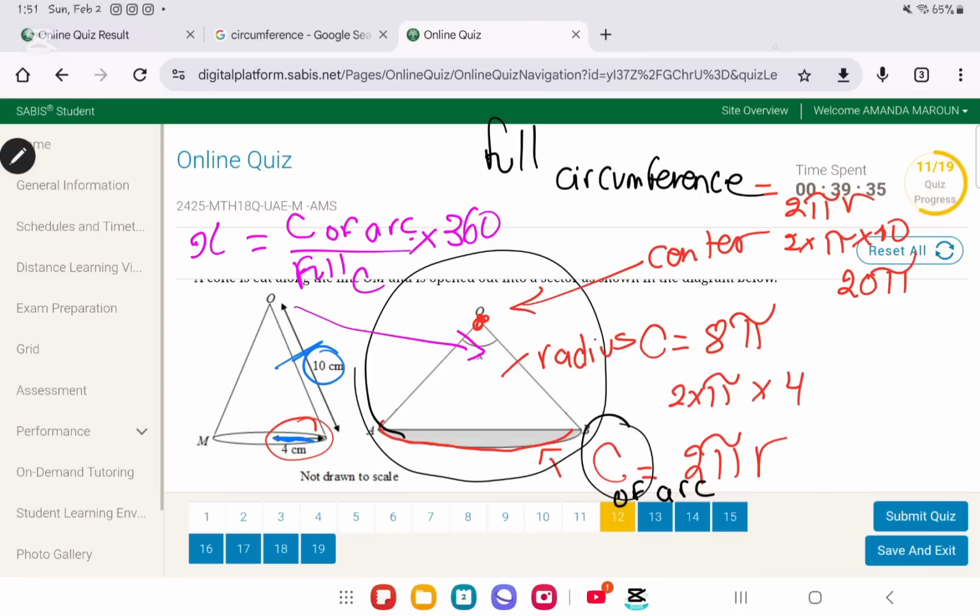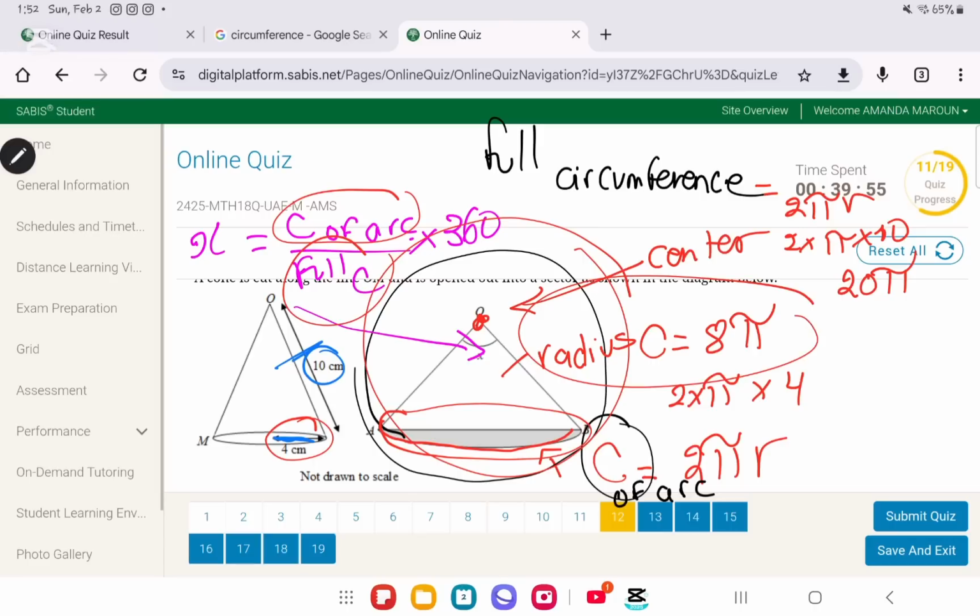So look what we did. We took the circumference of this arc, which is 8 pi, and we divided it by the circumference of the full circle, which is 20 pi.